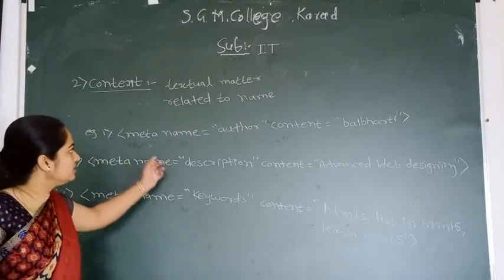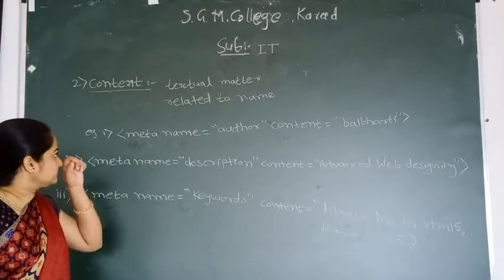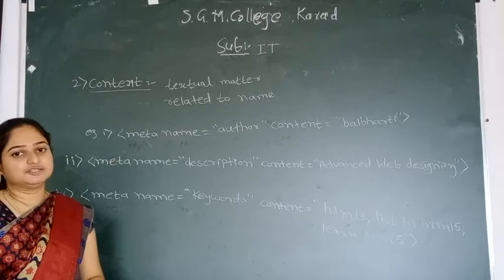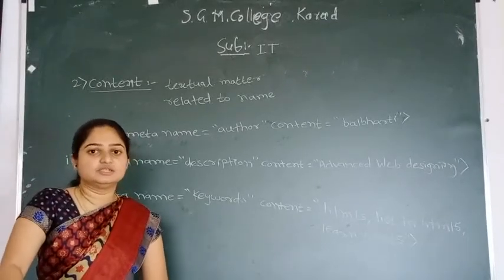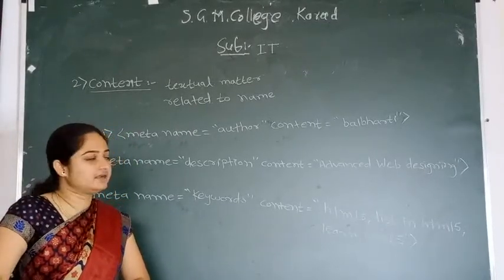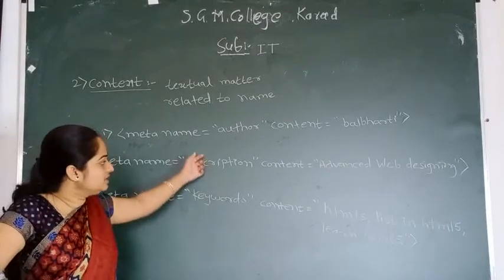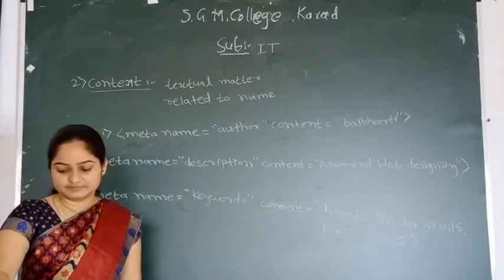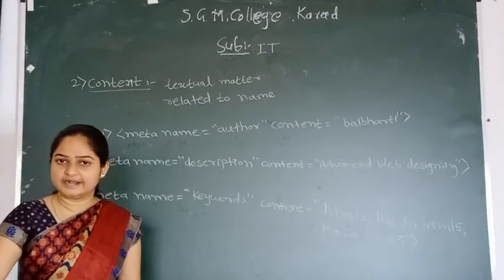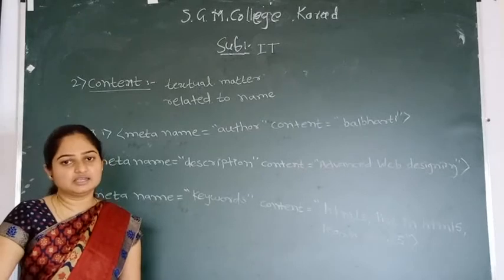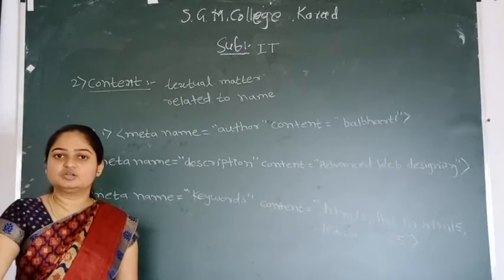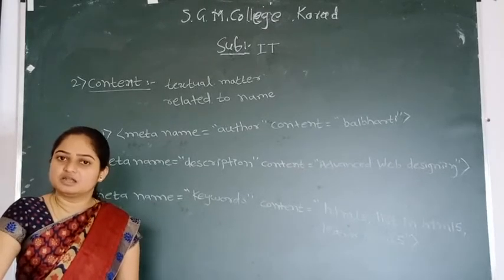Second is content. With the content attribute you can use any textual matter related to the name. These are the examples. The content attribute value may contain text and entities, but it may not contain HTML tags.